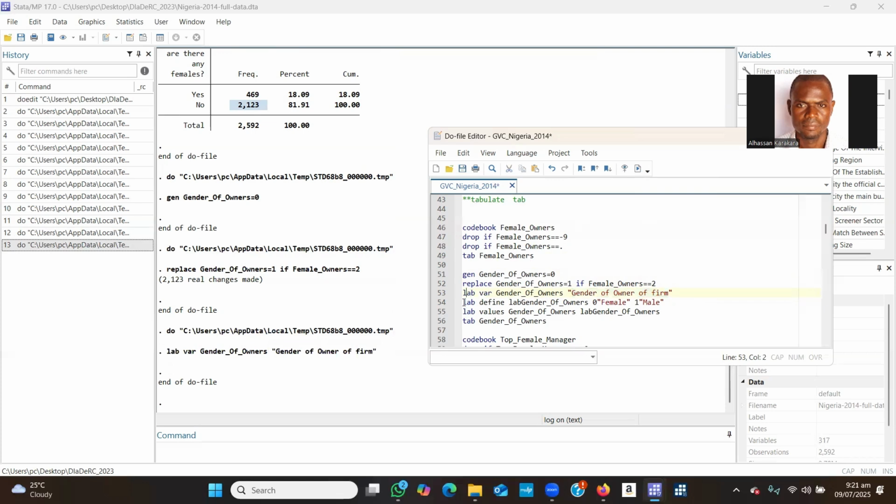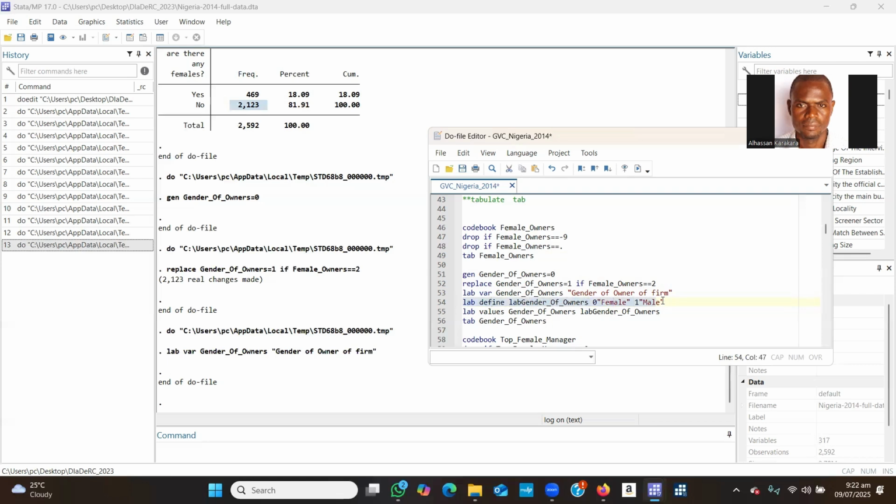Then you move further to label and define the variable. You are now defining the components of the variable, the categories. For that, you type label, then define, then lab and the variable name. The second lab has no space between lab and the variable name.